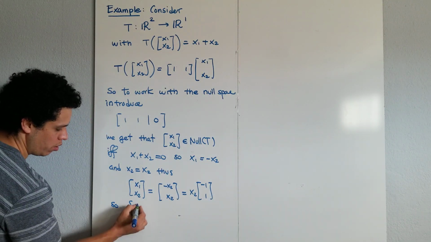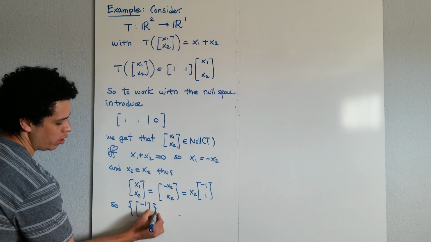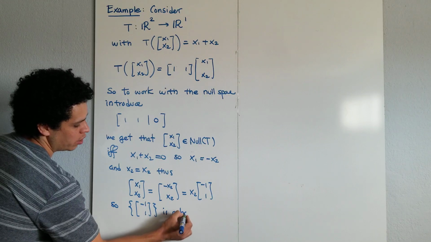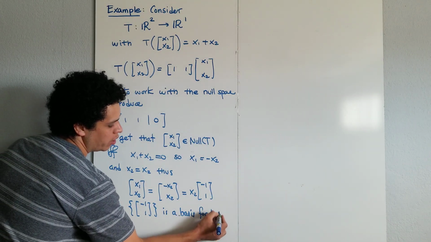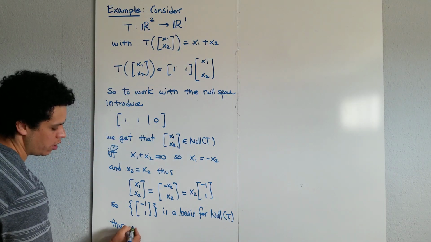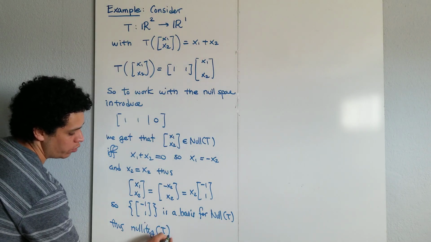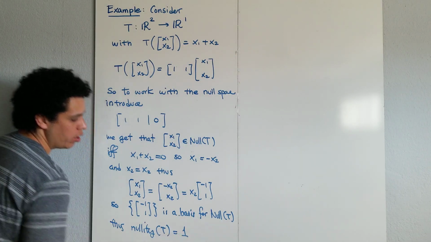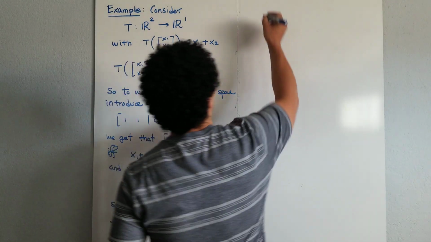So, the set containing the vector negative 1, 1 is a basis for the null space of T. Thus, the nullity of T is equal to 1. Now, what about the rank of T?